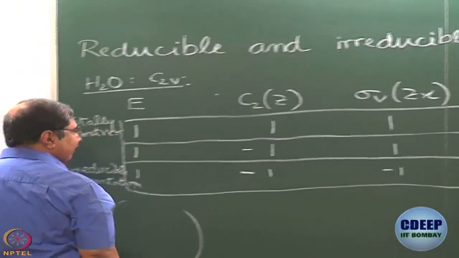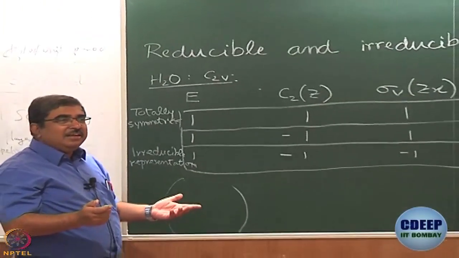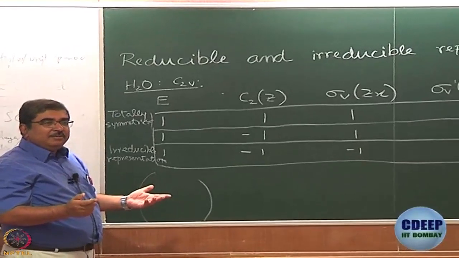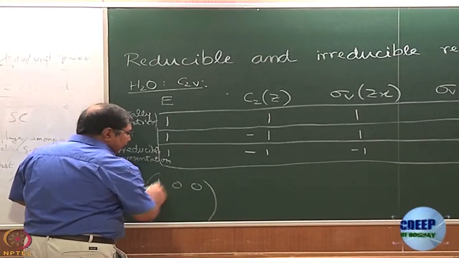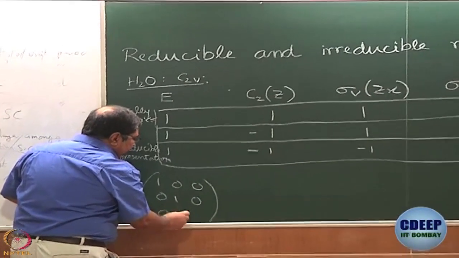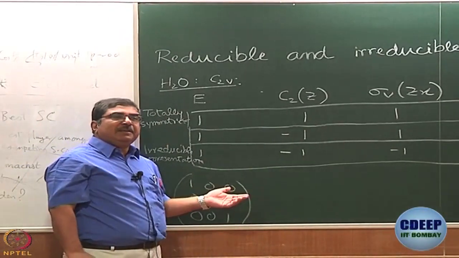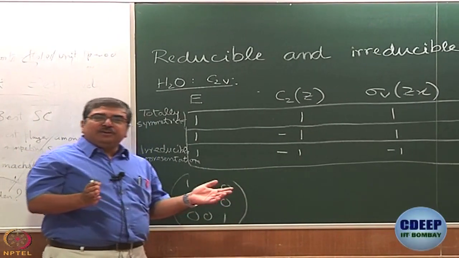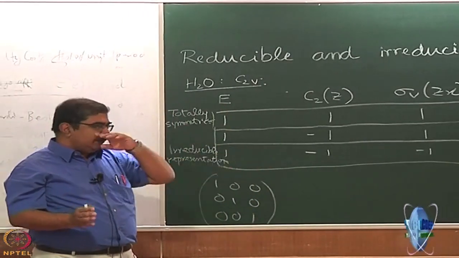What will E be? 1 0 0, then 0 1 0, 0 0 1. That is easy, right? E is identity, doing nothing. That means multiplication by unit matrix of whatever be the order of the basis.